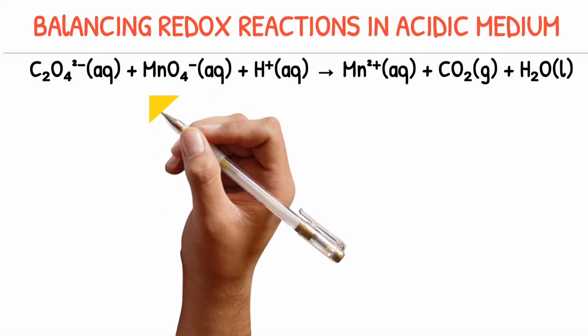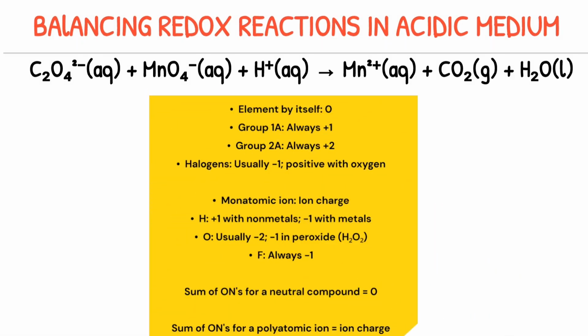Let's look at how the oxidation states or numbers of some species are gotten. Elements in their elemental form always exhibit an oxidation number of 0. For example, sodium, not the sodium ion or cation, will have an oxidation number of 0.